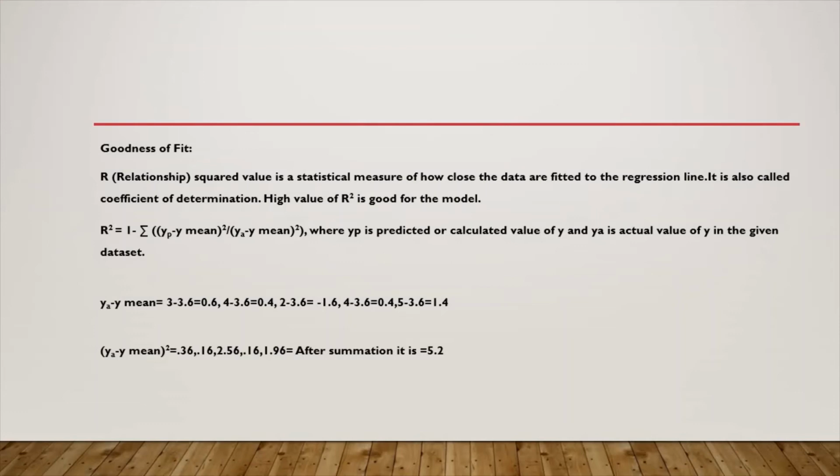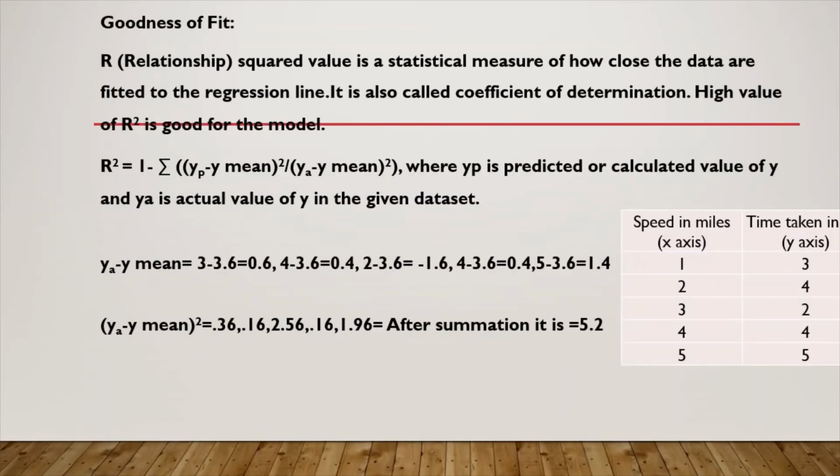R squared value is a statistical measure of how close the data are fitted to the regression line. It is also called the coefficient of determination. A high value of r square is good for the model, and this is the formula to calculate r square: 1 minus the summation of (y predicted minus y mean) squared divided by (y actual minus y mean) squared.